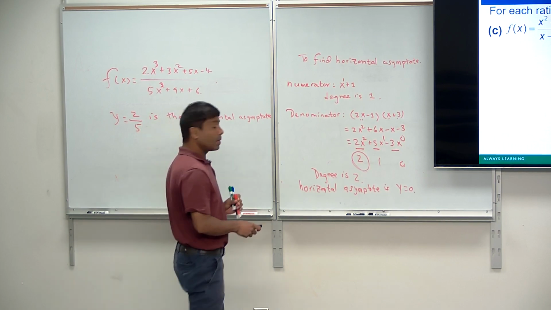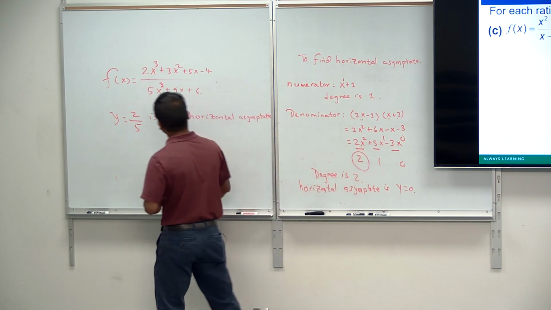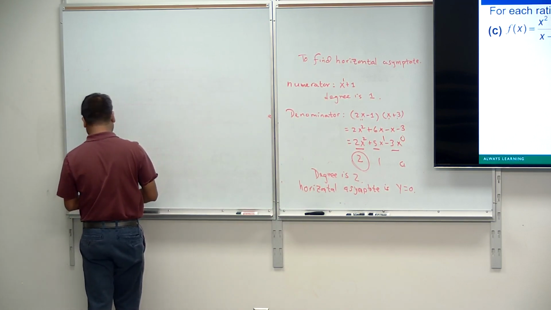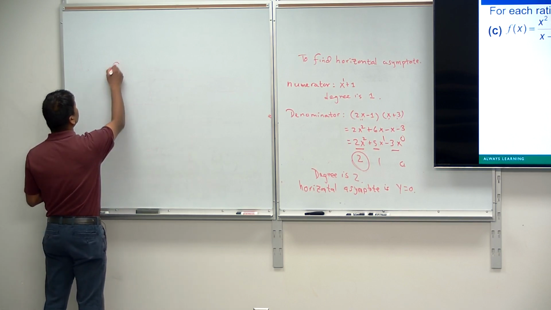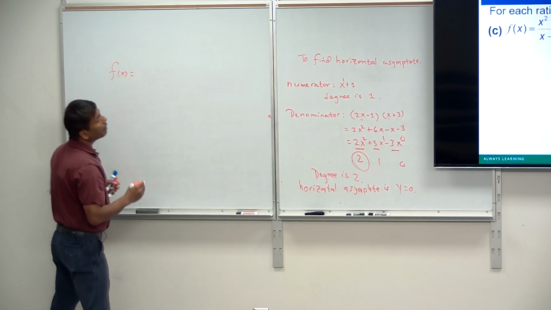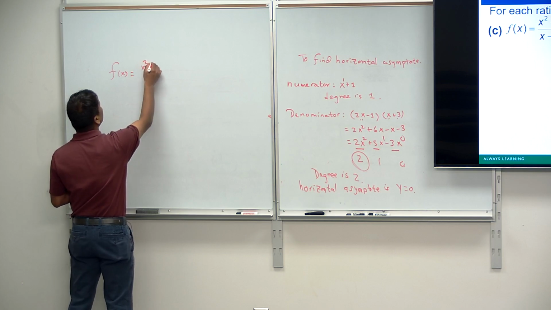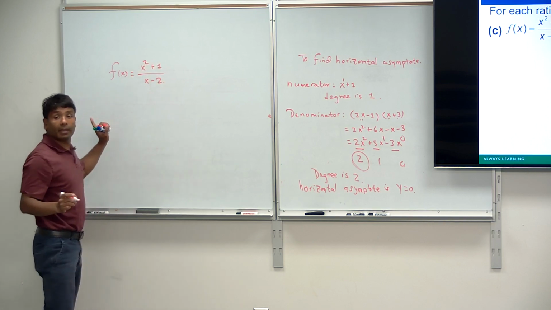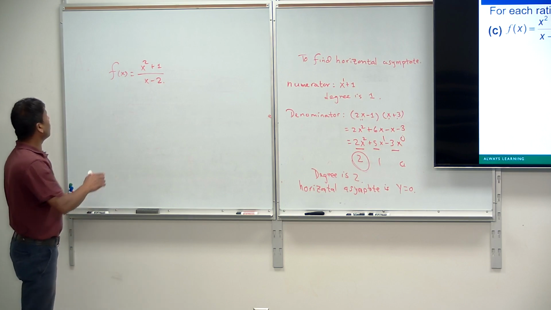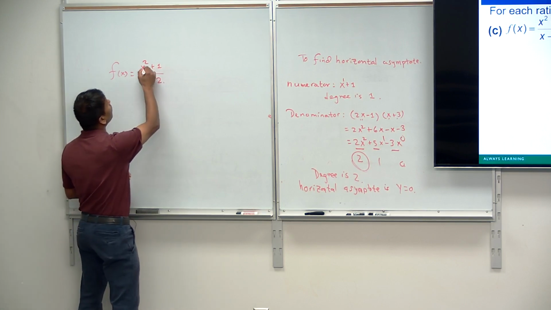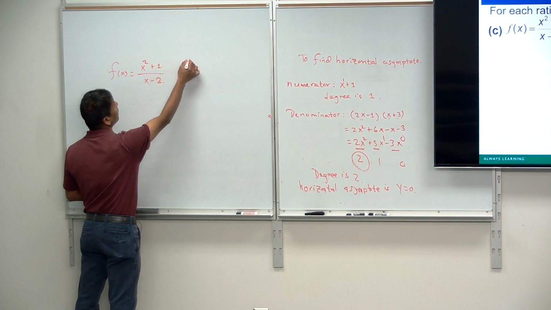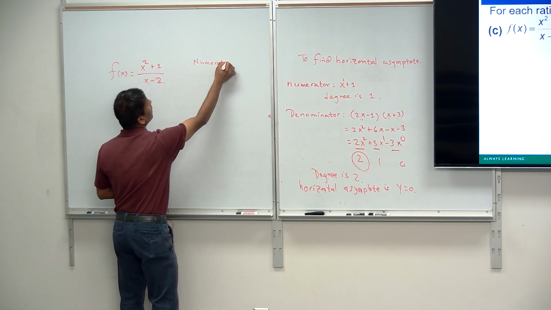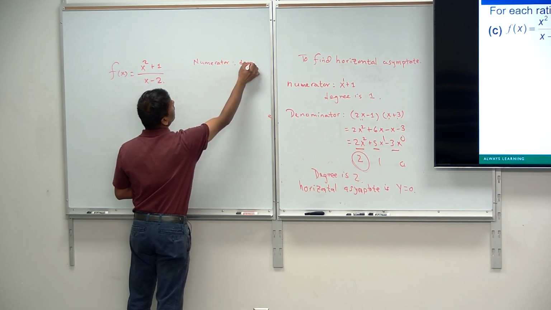Look here. So let's say we have a function f(x) equals x squared plus 1 over x minus 2. What is the degree of the numerator? 2.